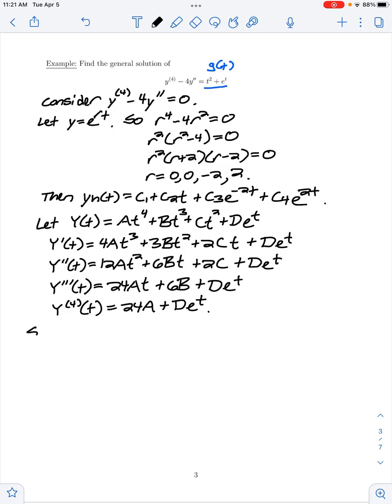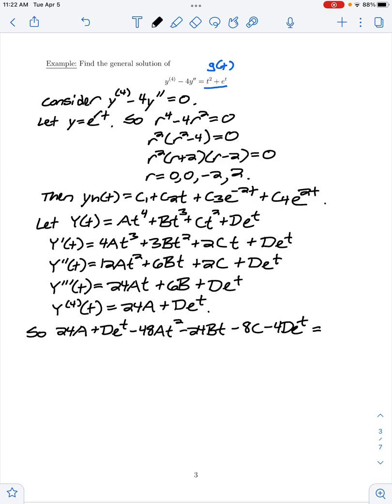So taking these expressions and substituting into our non-homogeneous equation, we have the fourth derivative of y, which would be 24a plus d e to the t, and then minus 4 times y double prime. So for negative 4 times y double prime, we have a negative 48a t squared minus 24b t minus 8c minus 4d e to the t.